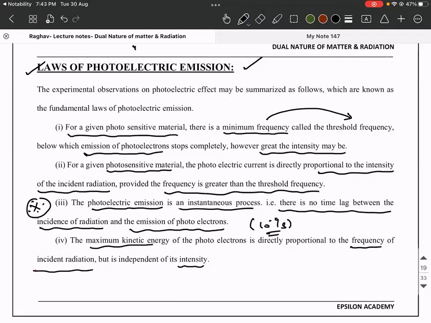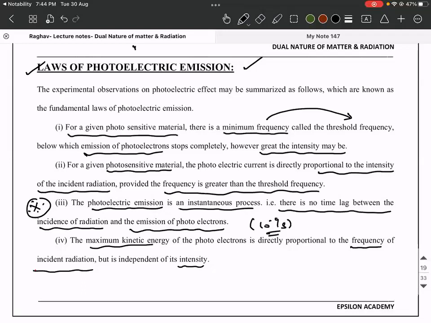It's called threshold frequency. Similarly, for a given photosensitive material, the photoelectric current is directly proportional to the number of photons per second, that is intensity. So photoelectric current is directly proportional to the intensity, provided the frequency is greater than the threshold frequency.